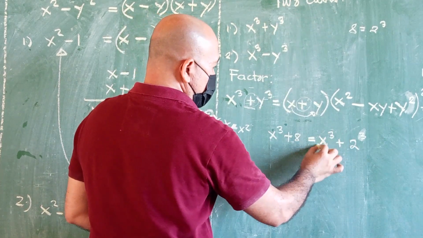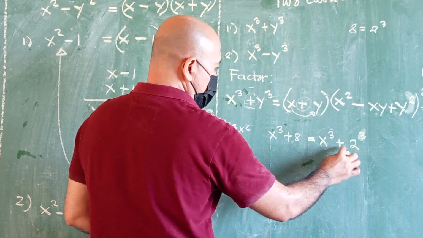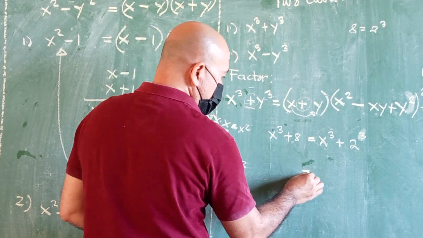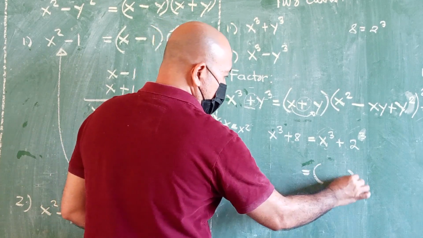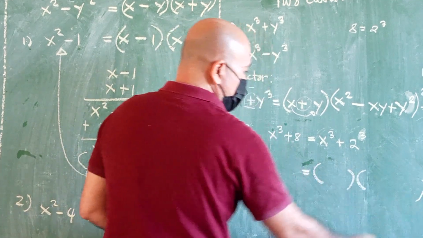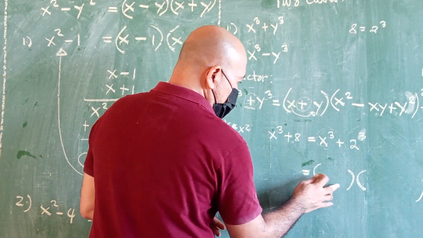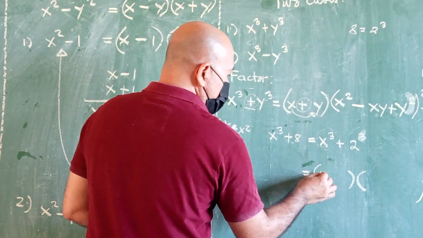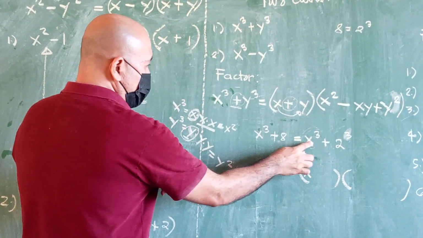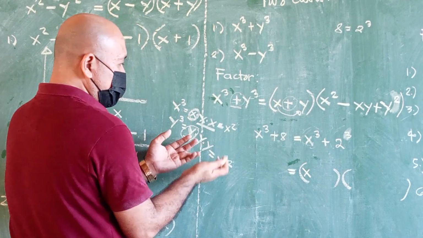First perfect cube and second perfect cube, and the operation is plus. So just follow the technique. The first of your factors is a binomial and the second factor will be a trinomial. For the binomial, you just have to rewrite the cube root of x cubed, which is the first x, as I said earlier.